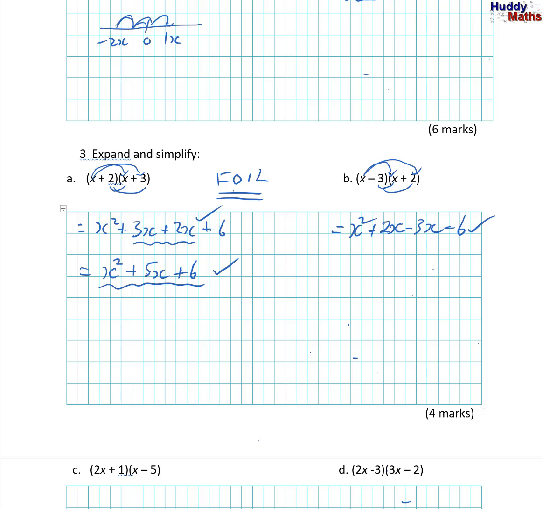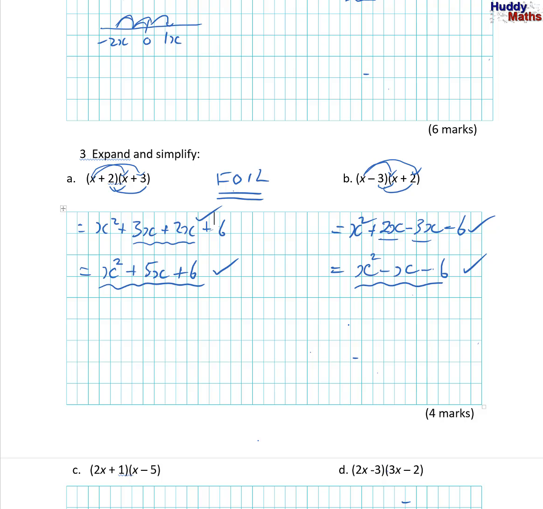There's 1 mark for getting those terms, and then collecting them up, there's only 1 x squared, and then 2x take 3x is negative x, right? And negative 6 down the end. All right, and 1 for that simplification.